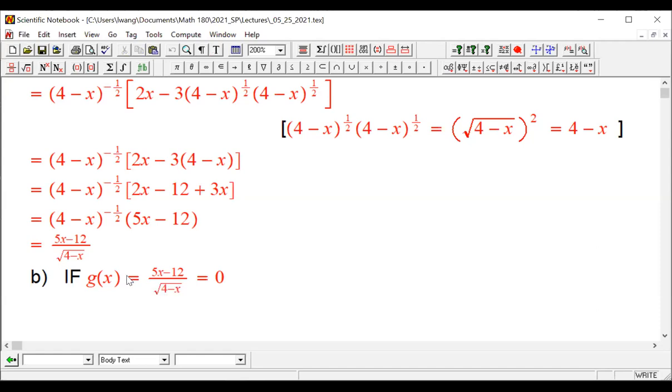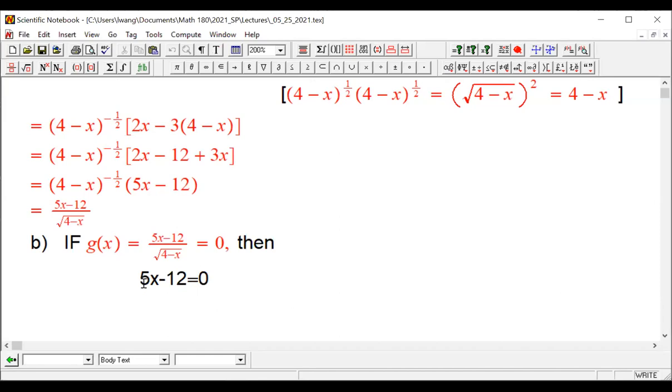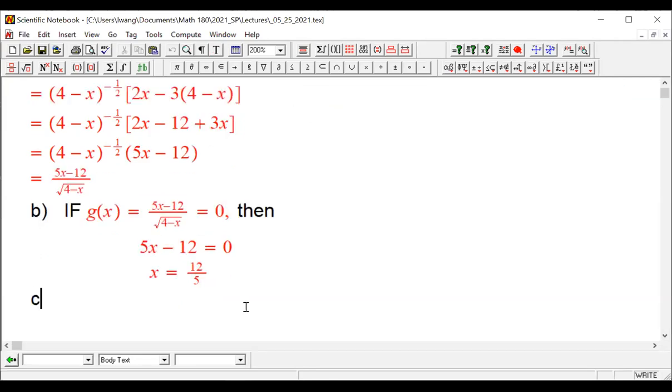Then the numerator must be 0. So 5x minus 12 must be 0, and of course, x equals 12 over 5. So that's the value that makes g equal to 0.